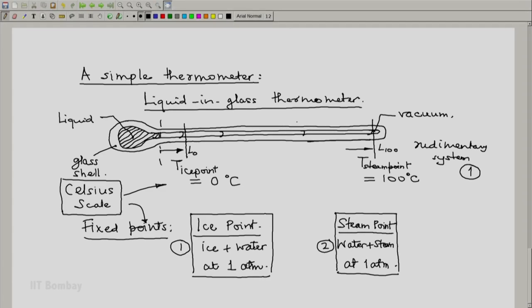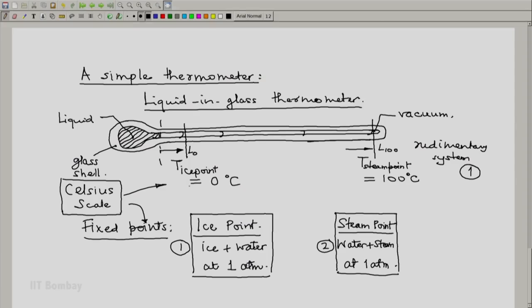If it is not mercury and if I am not going to be very aggressive, I can put that bulb in my mouth or under my armpit or tape it to my chest, bring it in thermal contact, be cool, and sit tight till thermal equilibrium is reached. That means the liquid thread which was somewhere in the capillary will finally find a position such that the temperature of the thermometer and the temperature of my body would be the same. The thermometer and myself would be a pair of isothermal states.